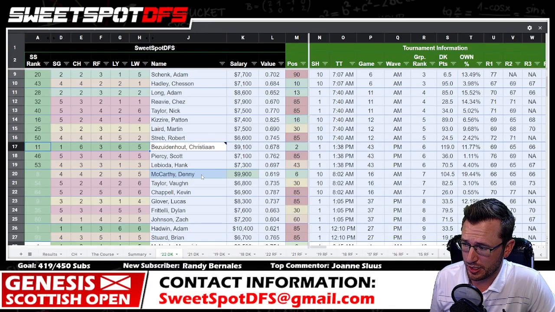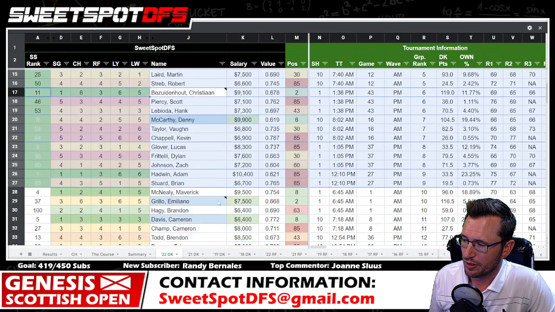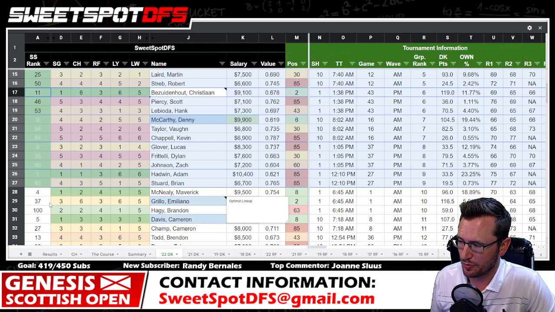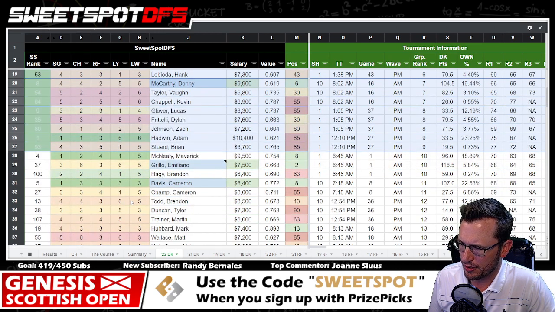Denny McCarthy was in the GPP winning lineup. He's a part of the honorable mention. And then Emiliano Grillo was a part of the optimal lineup, and he was one group below the honorable mentions. He was paired with Brandon Hagee, and that wasn't a good group. And then Cameron Davis was with Cameron Champ, and I don't know who their third was, but that guy withdrew as well.